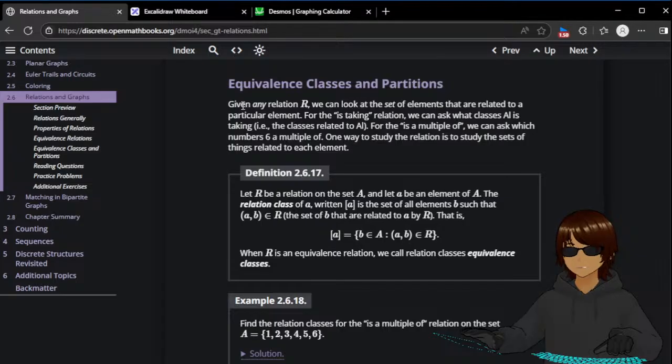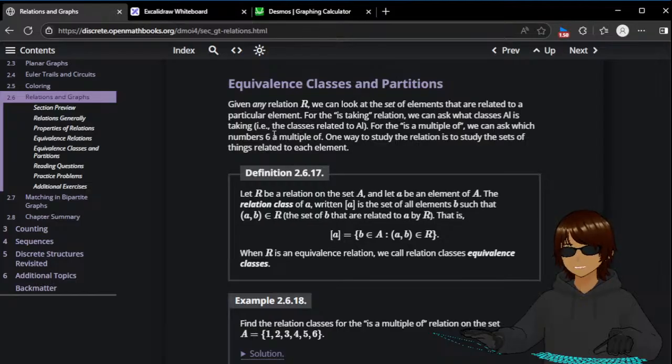Given any relation, we can look at a set of examples that are related to a particular element. For the taking relation, we can ask what classes a student is taking. For the is a multiple of relation, we can ask which numbers 6 is a multiple of.